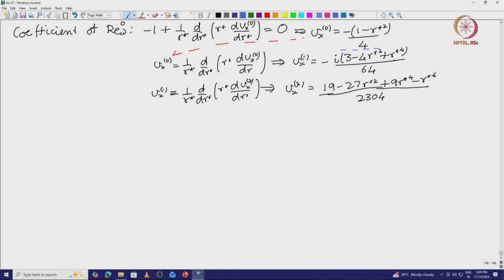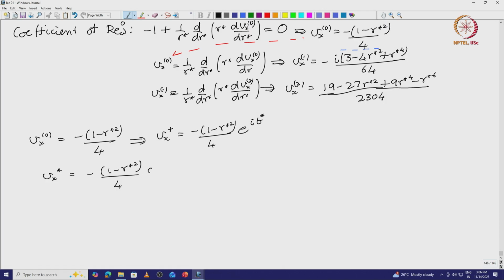Vx naught is equal to minus of 1 minus r star square by 4, which implies that the scaled velocity is equal to minus of 1 minus r star square by 4 into e power I t star, which means that Vx star in this approximation is equal to minus of 1 minus r star square by 4 into cos of t star.